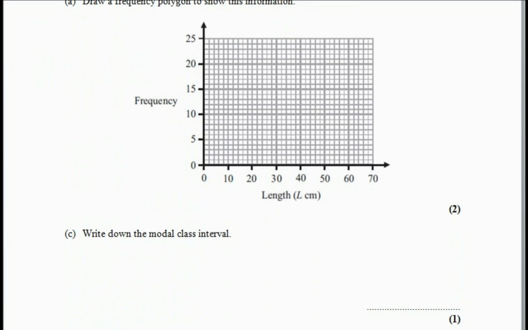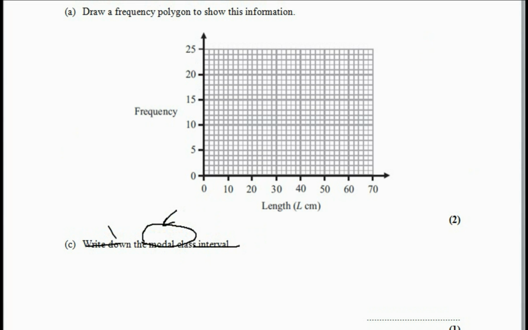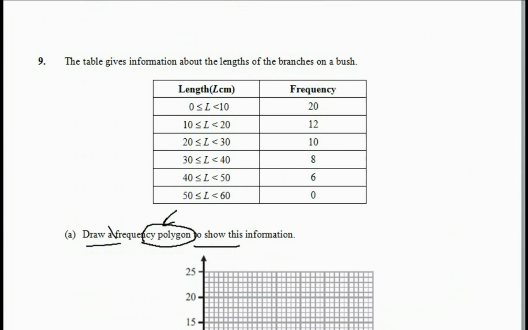So the question was phrased this way: write down the modal class interval. So the question is asking you to write down an interval, right? What kind of interval? Modal class interval. So what does it mean, modal? Modal comes from the word mode, which is most frequent. So you need to look back at the table and find out what interval was most common.